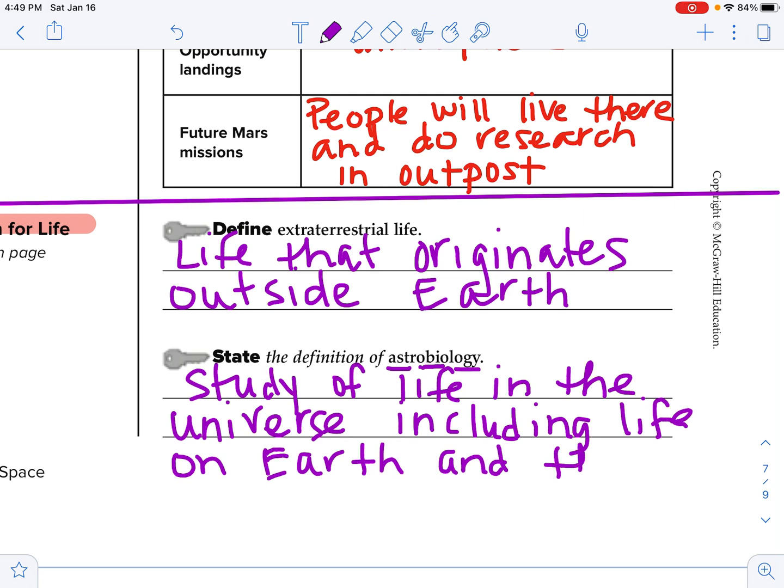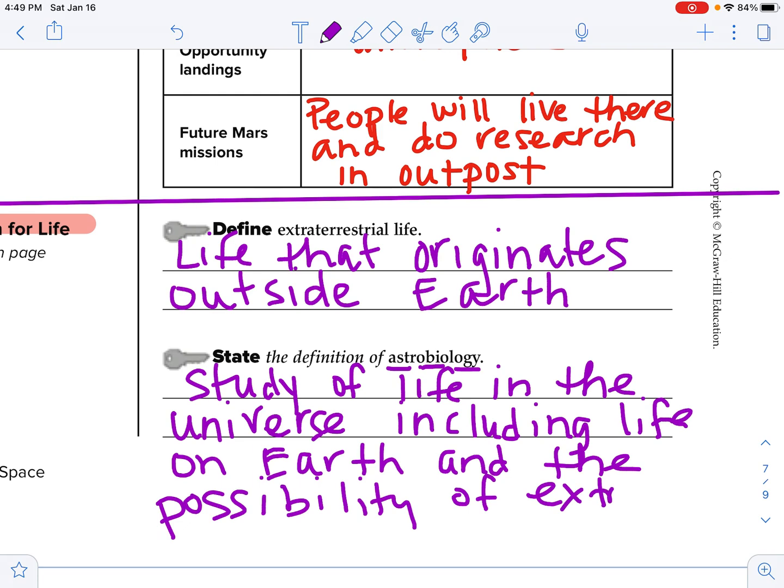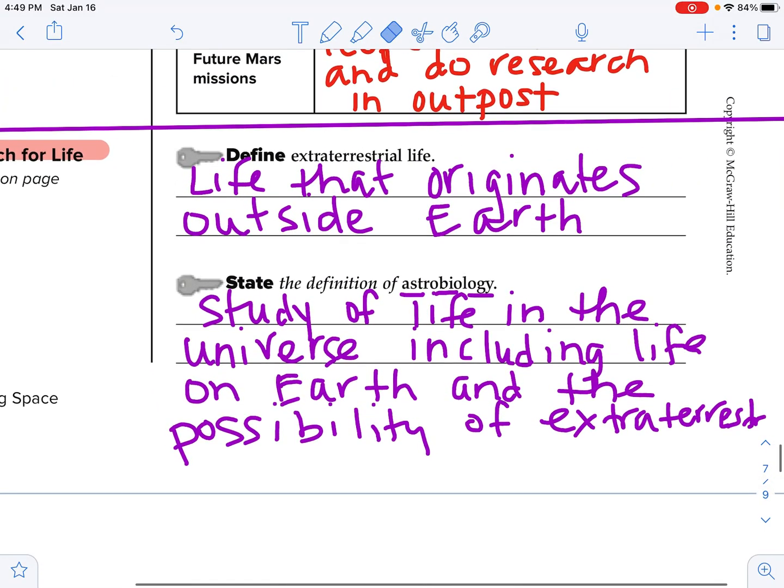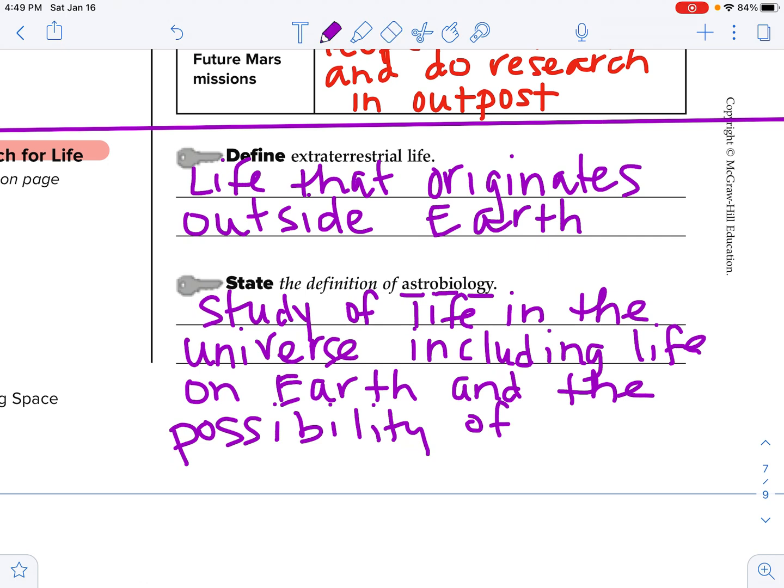and the possibility of extraterrestrial life. Oops. Let's just start that over where I have more space.